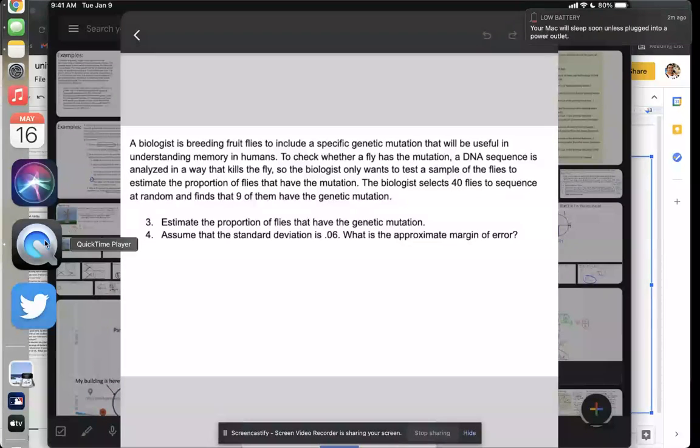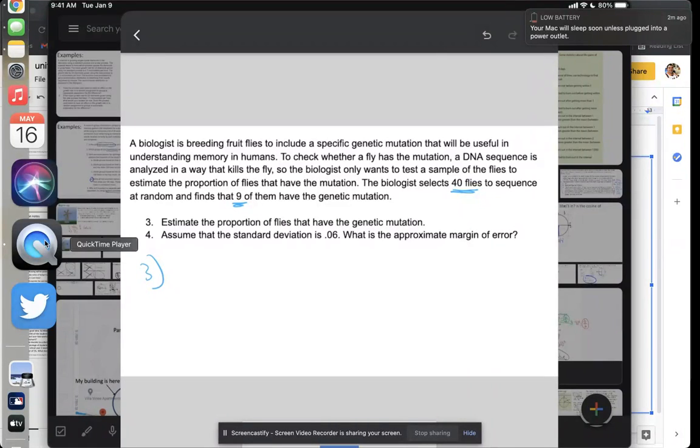So the biologist only wants to test a sample of flies to estimate the proportion of flies that have the mutation. The biologist selects 40 flies to sequence at random and finds that 9 of them have the genetic mutation.